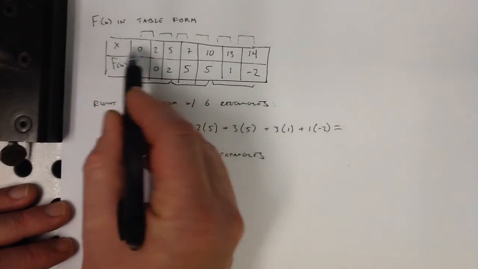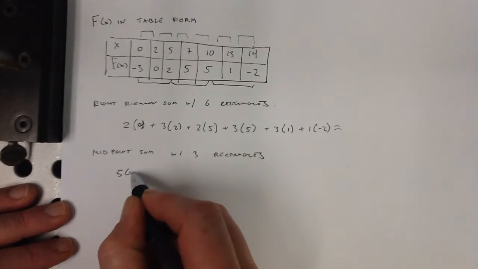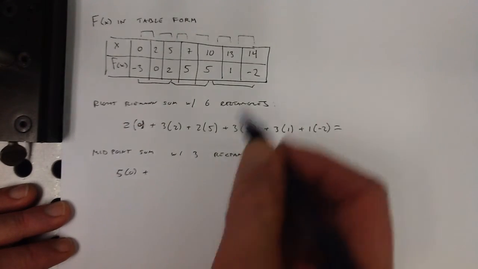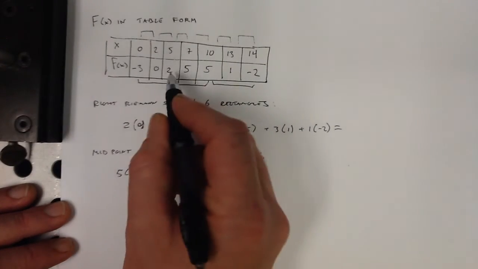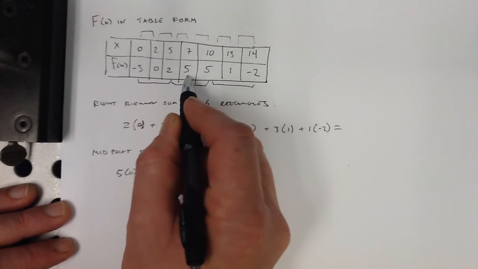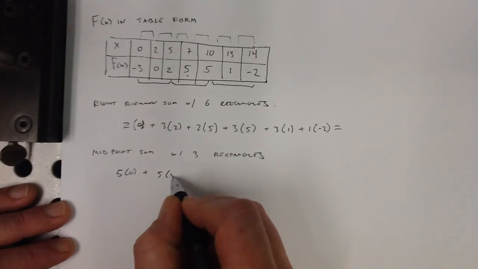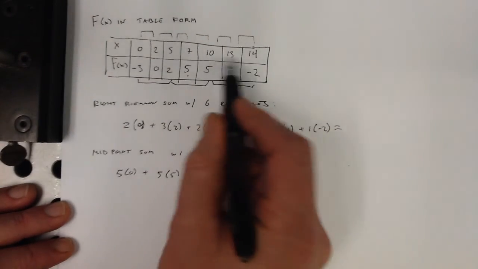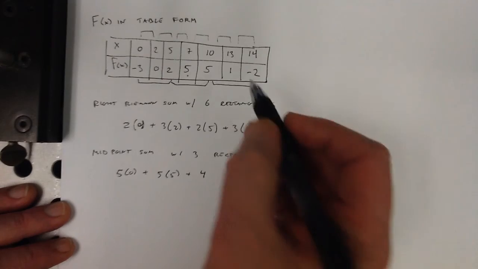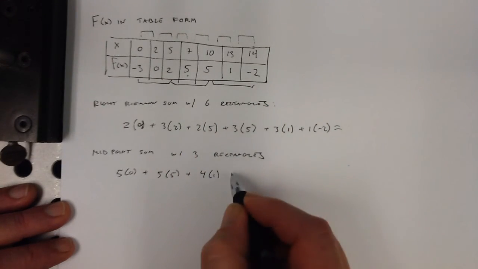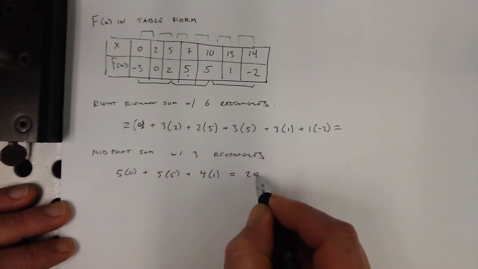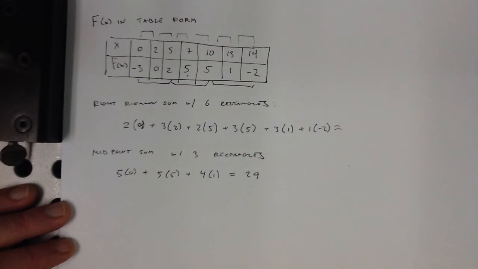We still look at the whole width here, and its height would be 0. That's that midpoint. Plus, the whole width here is 5, and the midpoint value here is 5. And then the last one is 4 wide, and the midpoint here is 1. These are just approximations, so don't get stressed out now if it doesn't seem like this is right.